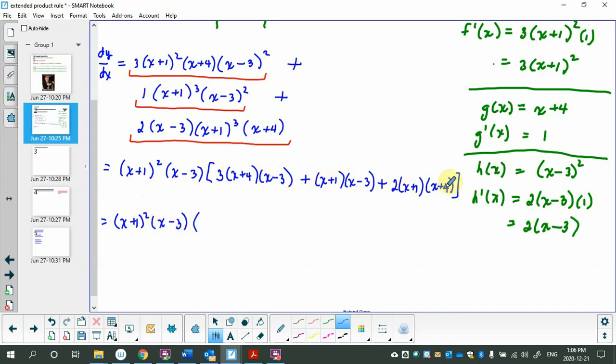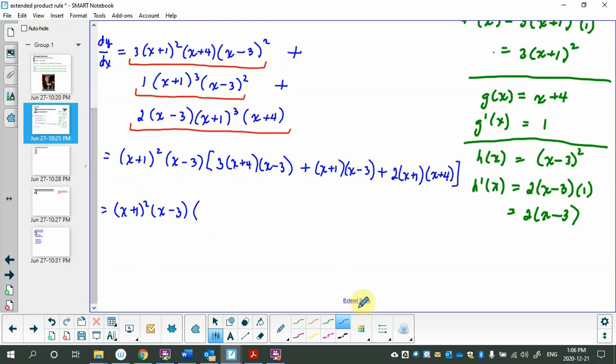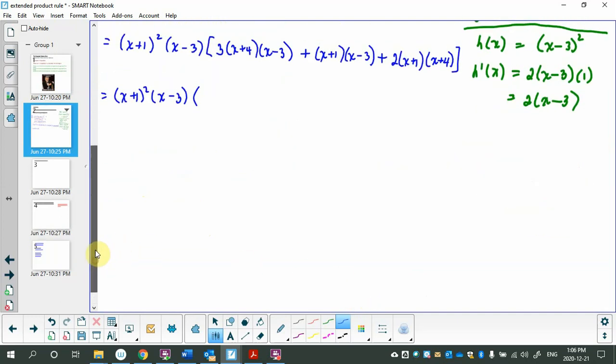I am going to go rogue down here, and I'm going to multiply all this foiling out without having to write all this out front for every line. So I'm about to FOIL like crazy. I'm doing this FOIL first. So x squared minus 3x plus 4x minus 12, all in a bracket with that 3 out front.